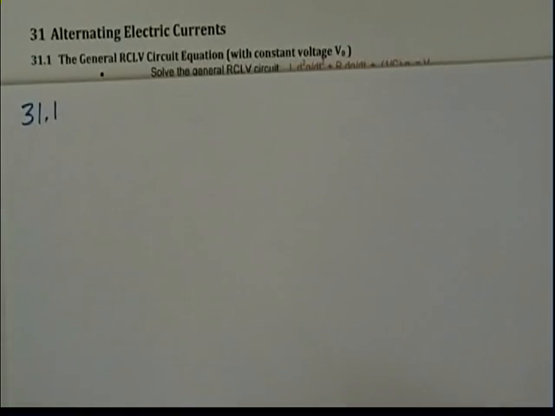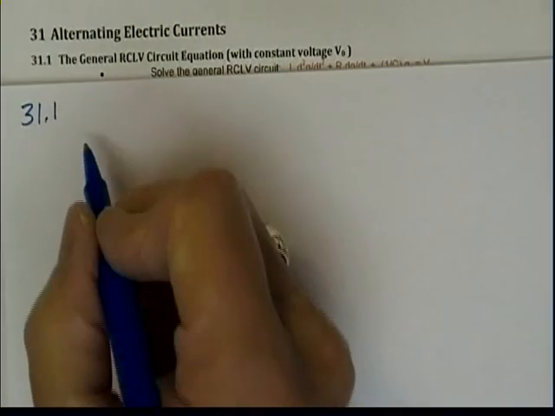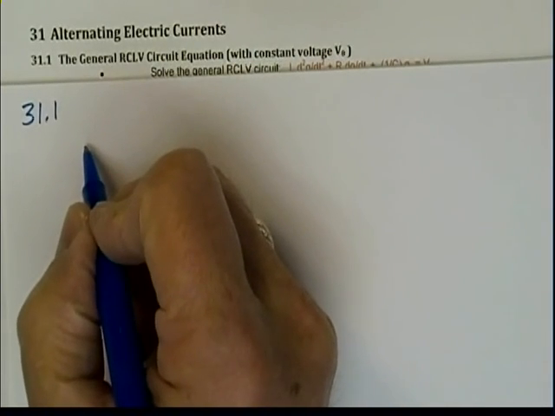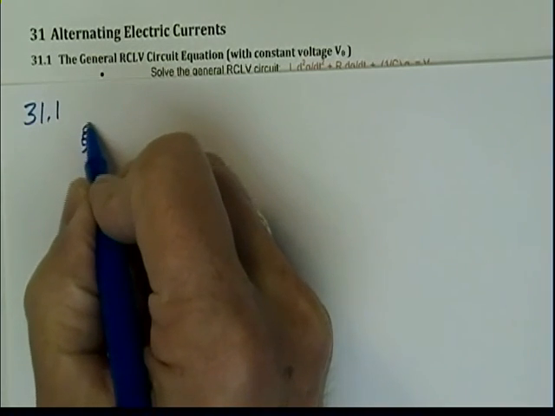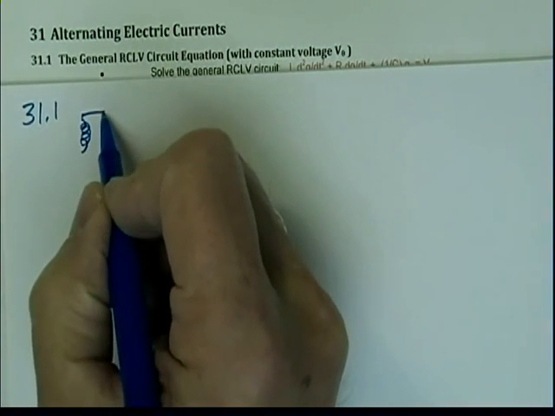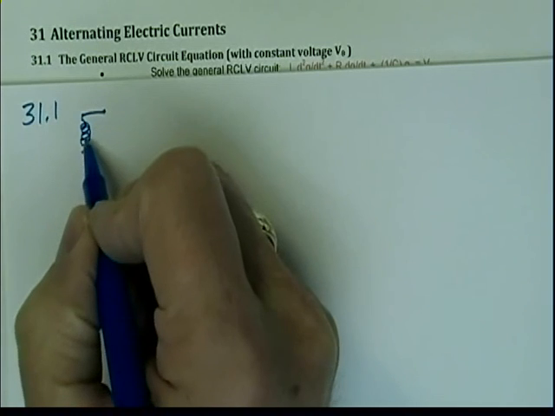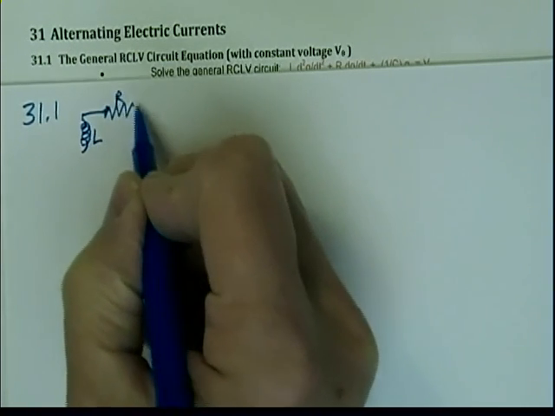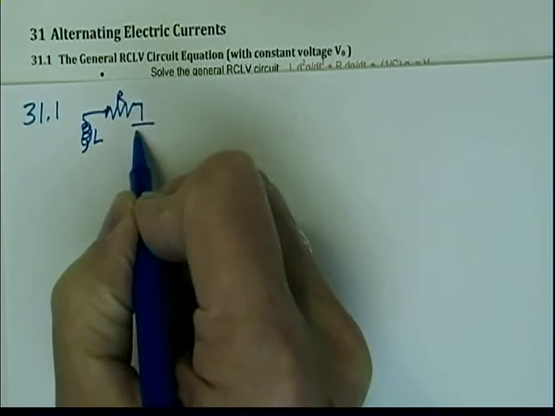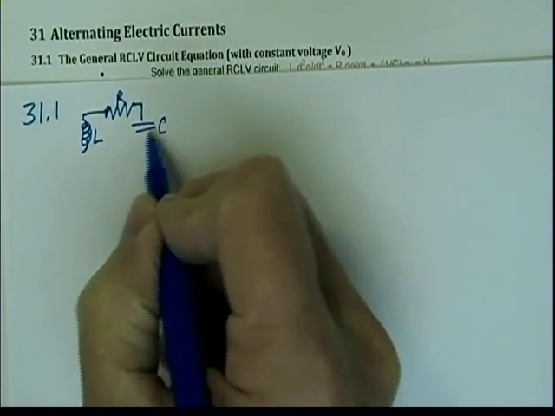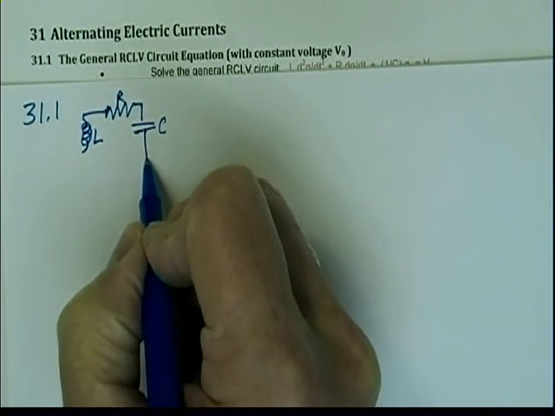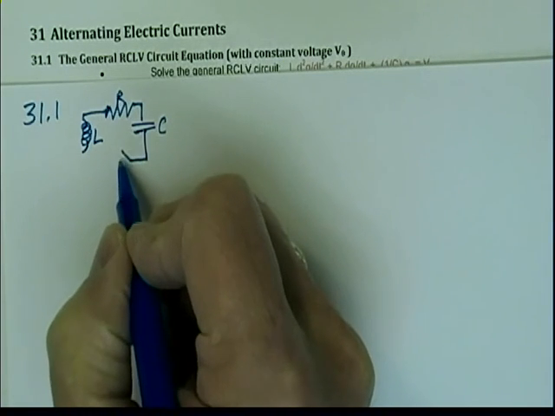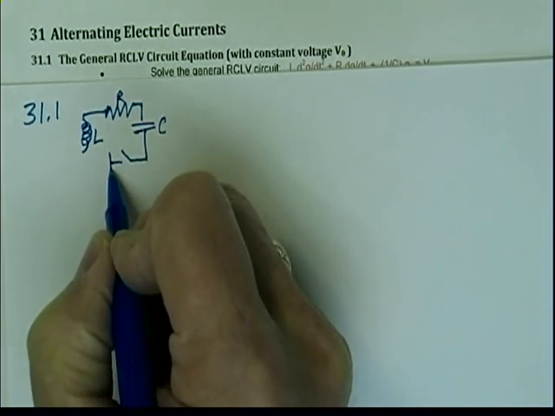With section 31.1, the general RLCV circuit. The circuit that we're looking at has an inductor L, a resistor R, a capacitor C, and a switch, and a voltage.